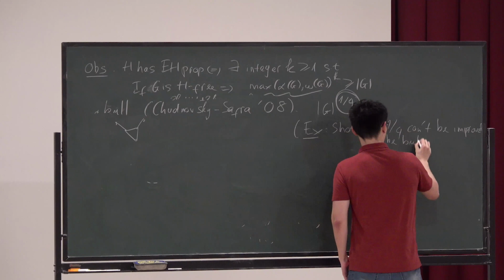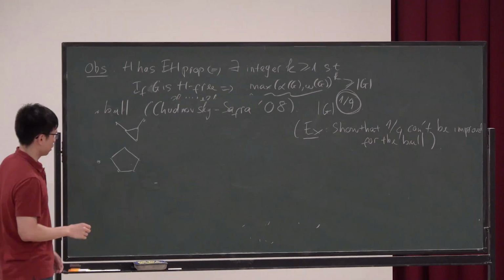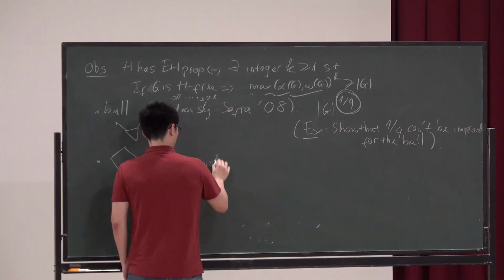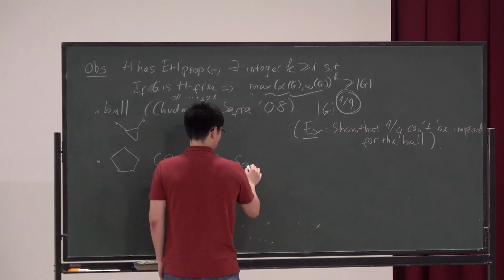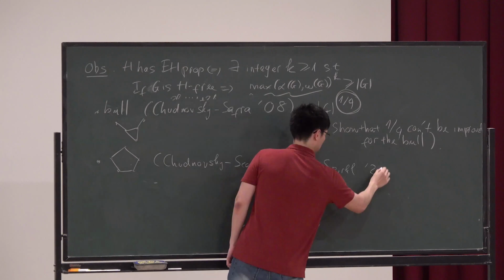The next one, C5, was one of the original cases of Erdős and Hajnal for the conjecture, and it was done a couple of years ago by Nguyen, Scott and Seymour.